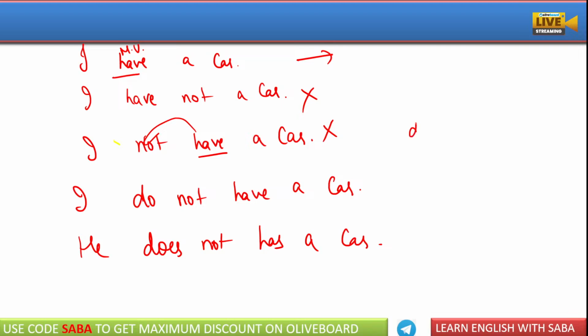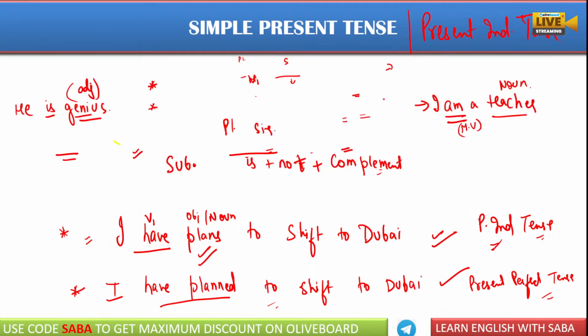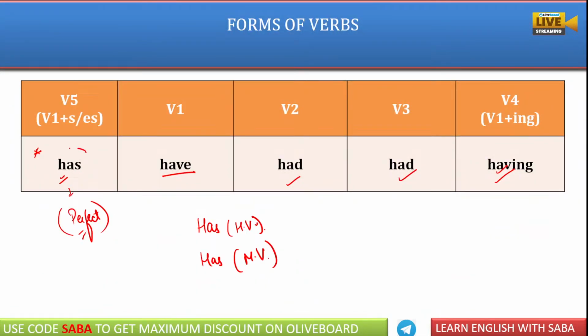I told you do, does, did are always followed by V1 form. इसको कहीं लिख लीजिए बड़ा बड़ा. Okay. Do, does, did is always followed by V1 form, and has, is V5 form, guys. That is why I started with this structure only. आपको मैंने इनिशियली यही स्ट्रक्चर बताया सबसे पहले कि has is the V5 form, V1 form is have. So do, does, did will be followed by have only.